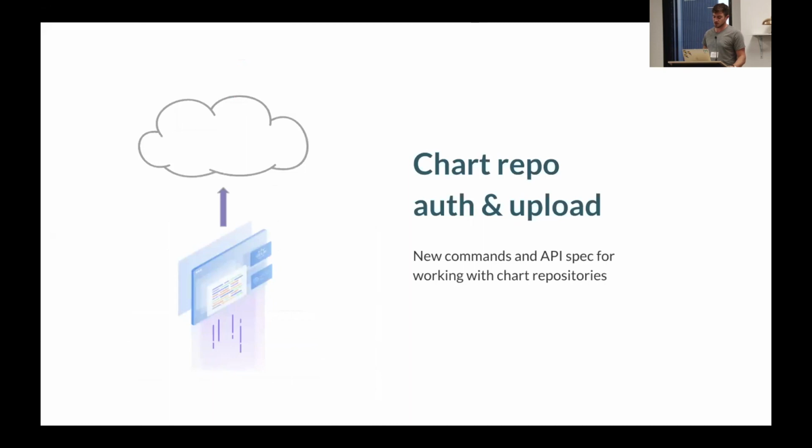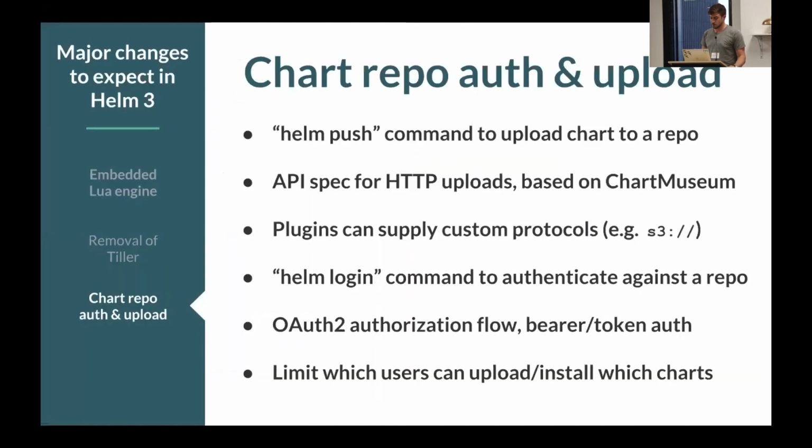So the third thing is changes to the chart repository subsystem, and this is an area that I'm involved with because it relates to ChartMuseum. The idea is that we have commands like helm fetch to download a chart. We don't have commands to upload a chart.